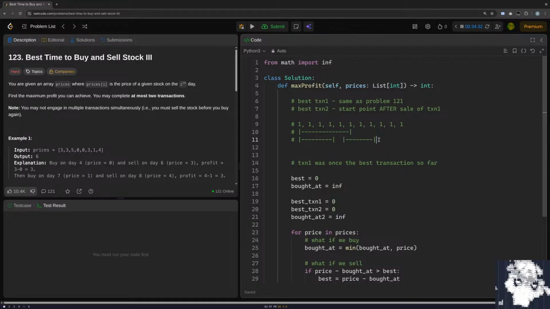I'm thinking about this 2-pointer approach again. I think this has legs. The thing is just you need to, how do you know which side to expand?